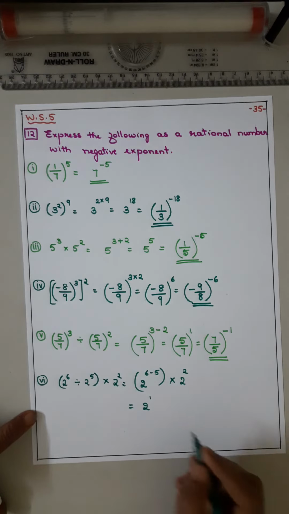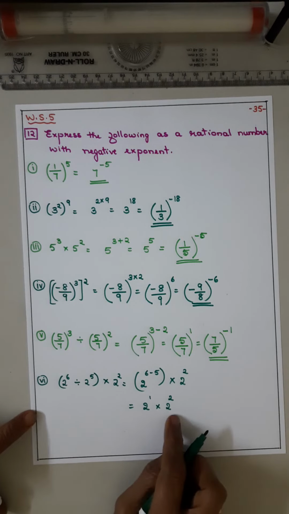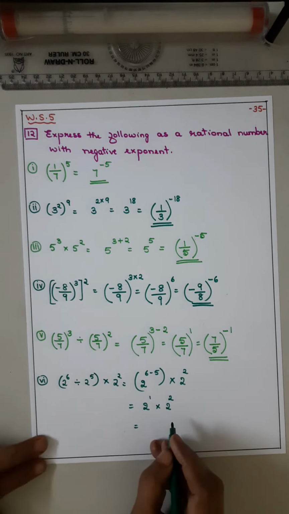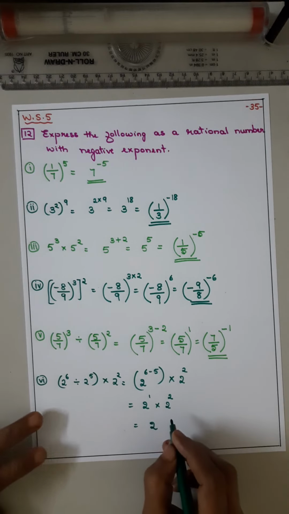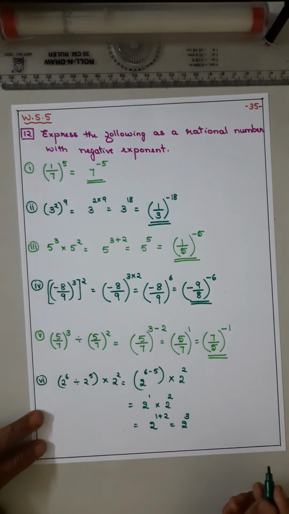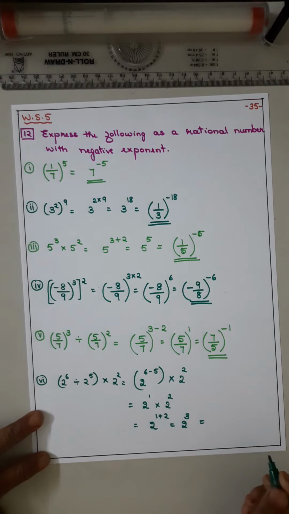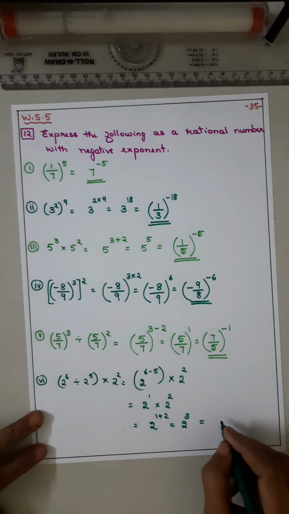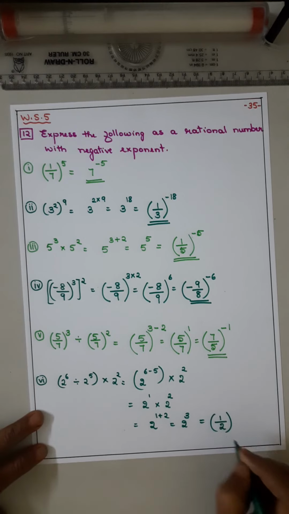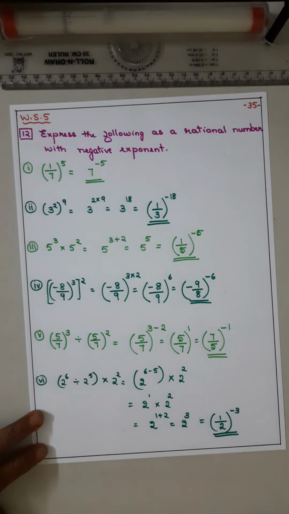Okay, अभी लिखेंगे क्योंकि आगे करने का है 2 to the power 2. अभी bases are same and multiplication, so what we have to do, add the powers. 1 plus 2 is equal to 2 to the power 3. अभी पावर पॉजिटिव है तो क्या करने का है, नेगेटिव करने के लिए 2 का रेसिप्रोकल 1/2 और पावर 3 को नेगेटिव में लिखो -3. So the answer is (1/2), the whole raised to -3.